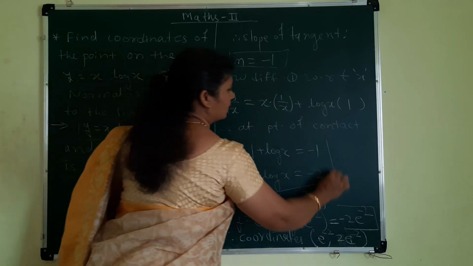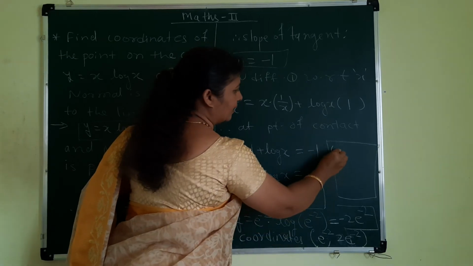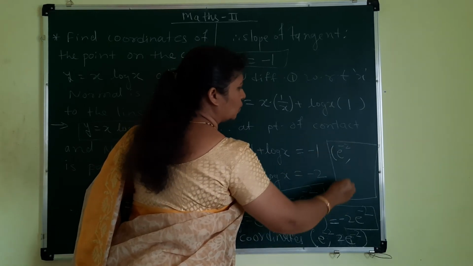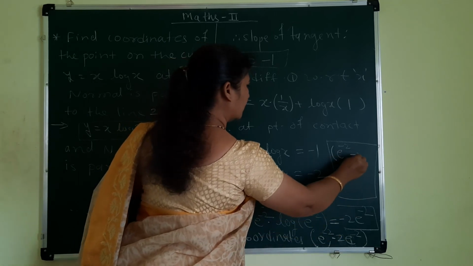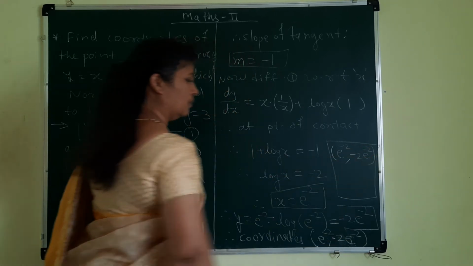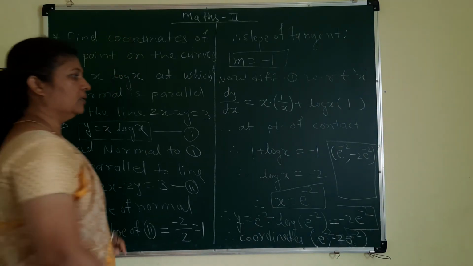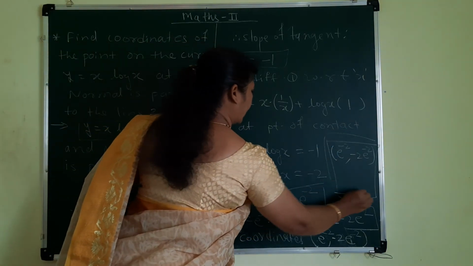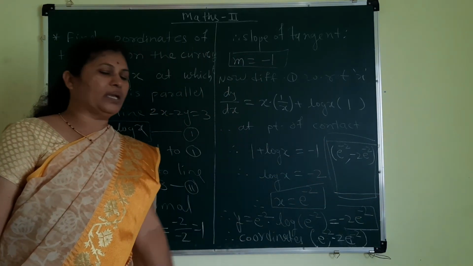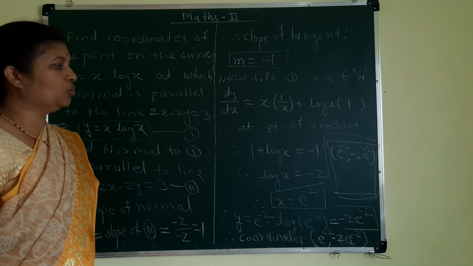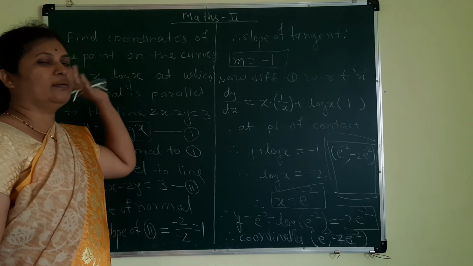I will write the answer here, that the coordinates are e raised to minus 2 and minus 2 times e raised to minus 2. These are the coordinates of that required point. I don't have much space here, so the answer is written there: e raised to minus 2, comma, minus 2 into e raised to minus 2. These are nothing but the coordinates of that required point.